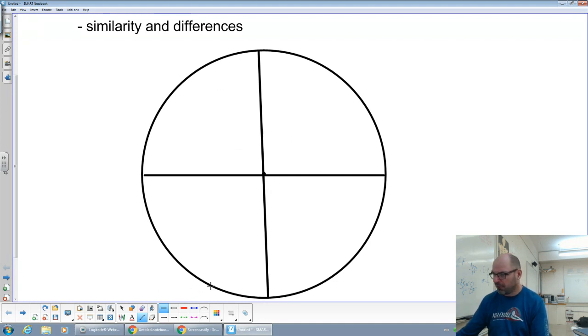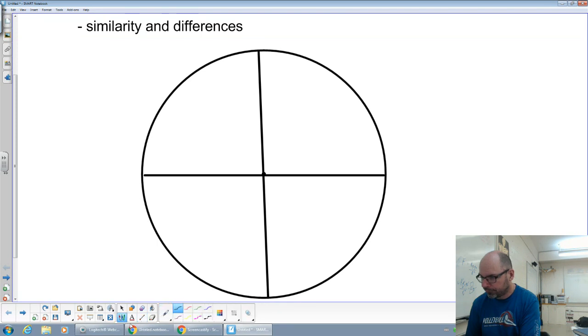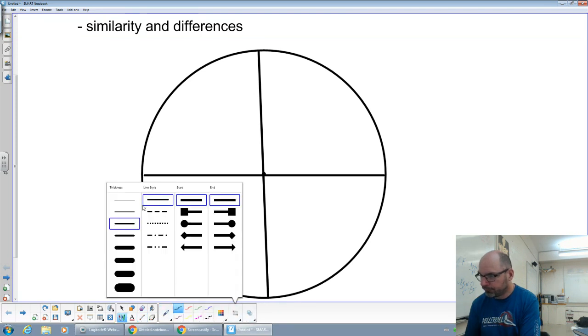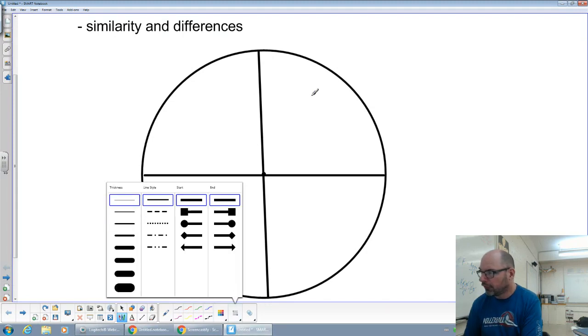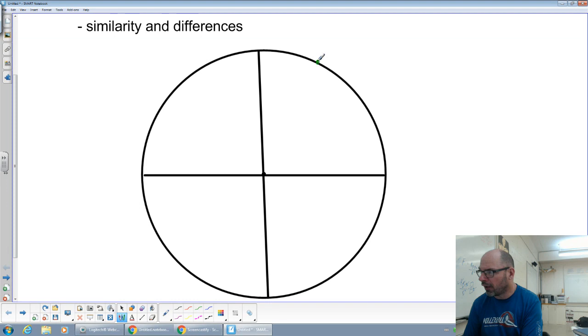So let's say we had a point here, x and y, on the circle. It could be any of the quadrants.